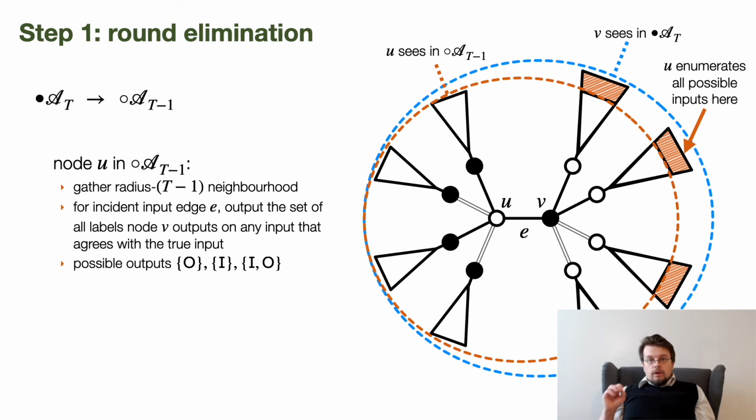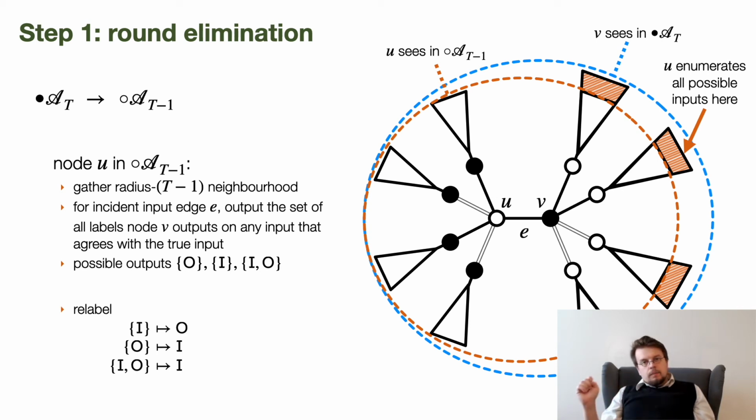And what U now does is that it enumerates all possible inputs that could be happening in the shaded region, and then as output it produces the set of all labels that V could be producing under this algorithm A_T for any possible input outside its own T-1 radius neighborhood. Basically, the output of U will be the set of all labels that we could produce.